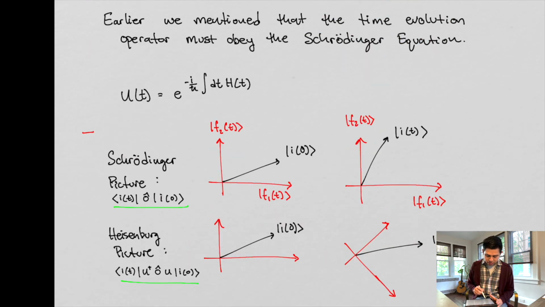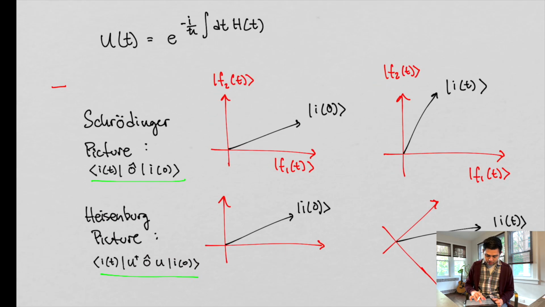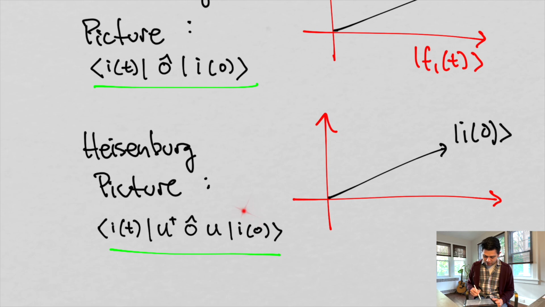So the Schrödinger picture says we have a state, we use some time evolution operator to evolve it into a final state. The Schrödinger picture here talks about evolving the initial state to the final state using this operator. The Heisenberg picture here says, okay, we have this initial state, we're evolving into a final state.